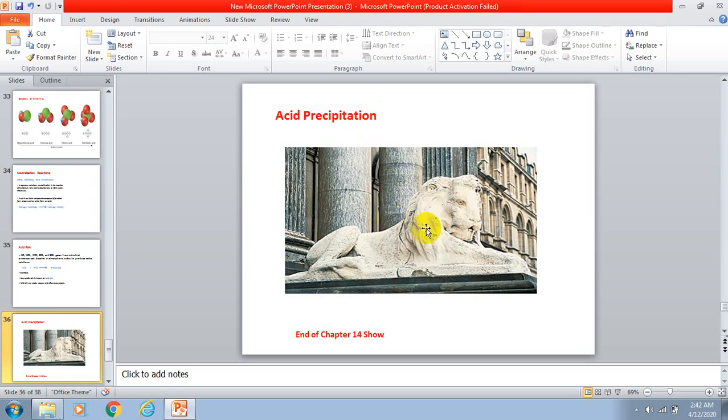The rain span in the Gulf is just so low, that's why. Understand? Look at this, this is the acid rain effect, acid precipitation.